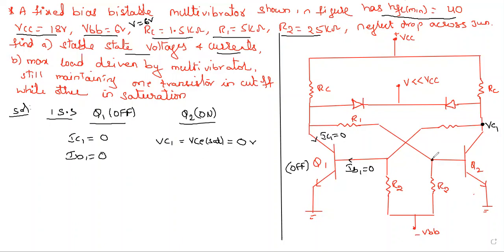Similarly, the base voltage VB2 is equal to VBE saturation, and that is 0 volts. And if that is true, then the voltage at this collector VC1 will be approximately equal to VCC, because only a small amount of current flows. Of course, the drop across this RC can be neglected.